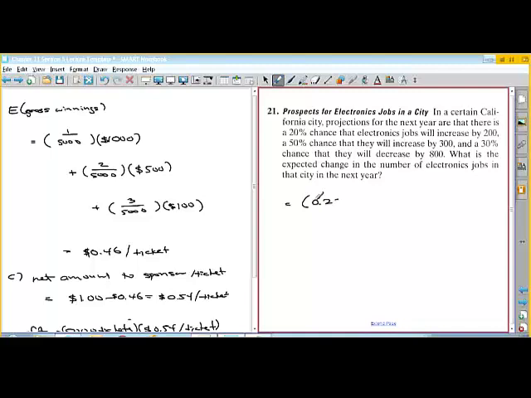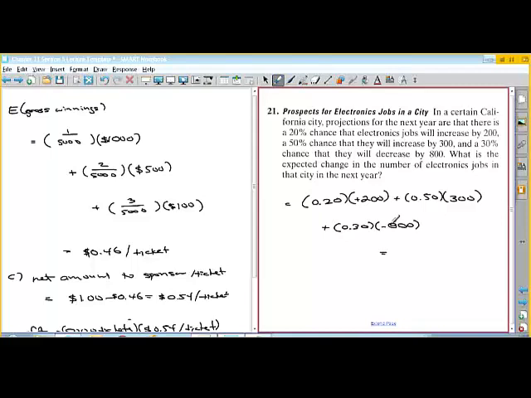Okay, so let's see what we get. We have a 20% probability that we'll have an increase of 200 jobs. We have a 50% probability of an increase of 300 jobs. And we have a 30% probability of a decrease of 800 jobs.